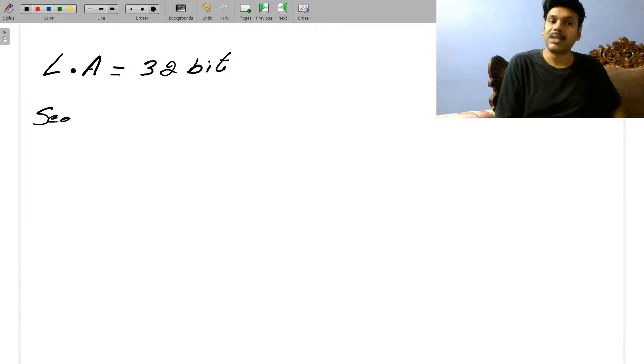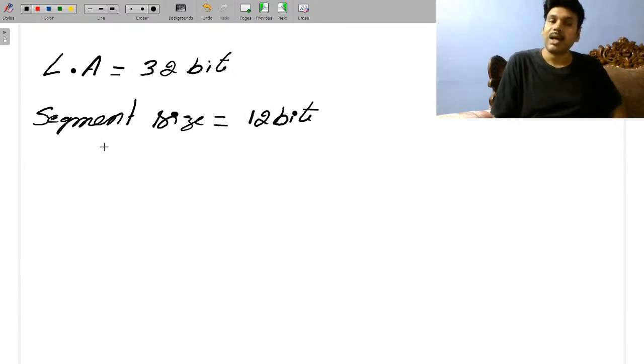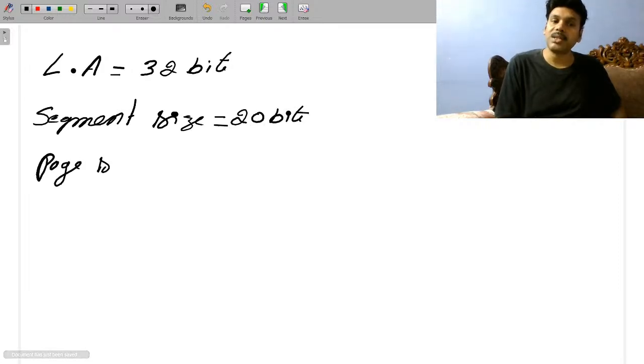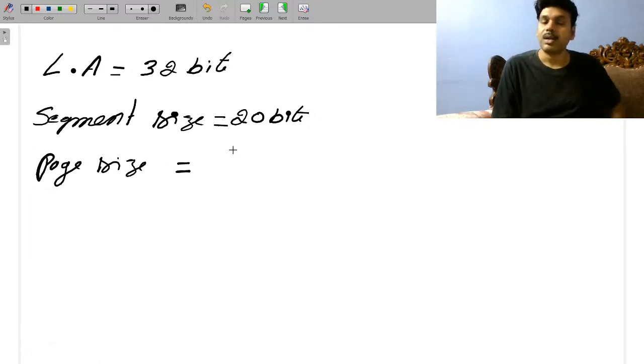Please understand, I'm saying segment size is 20 bits, and now I'm taking page size to be 12 bits. Please understand, friends.